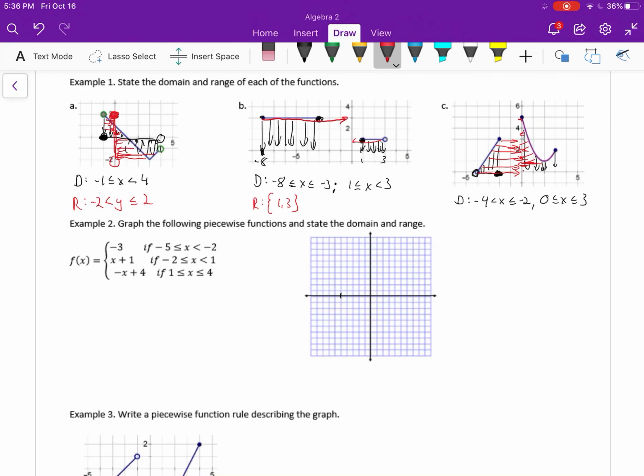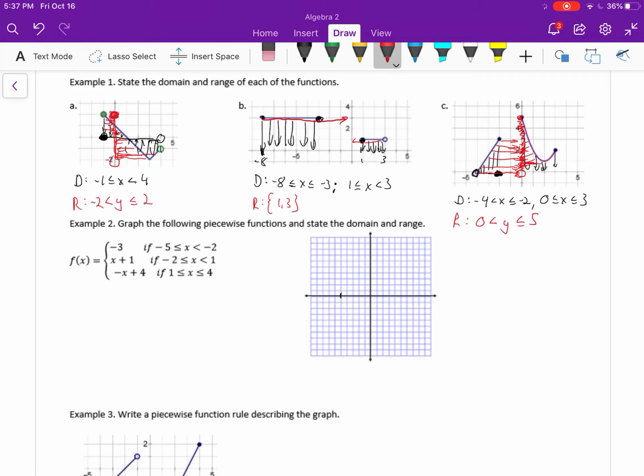So it would be covered from 0, but not including 0 because it was an open circle, all the way up to 5. So our range is 0 is less than y, and it's just a less than, not less than or equal to because of the open circle, and y is less than or equal to 5. And so there's domain and range. Gets us thinking through those things again.